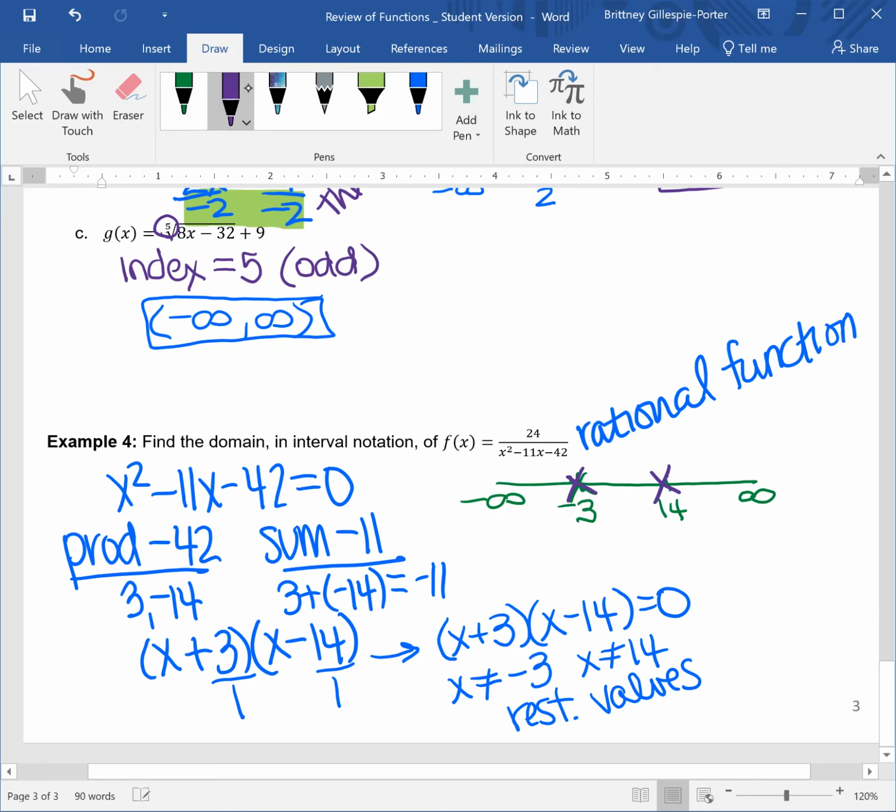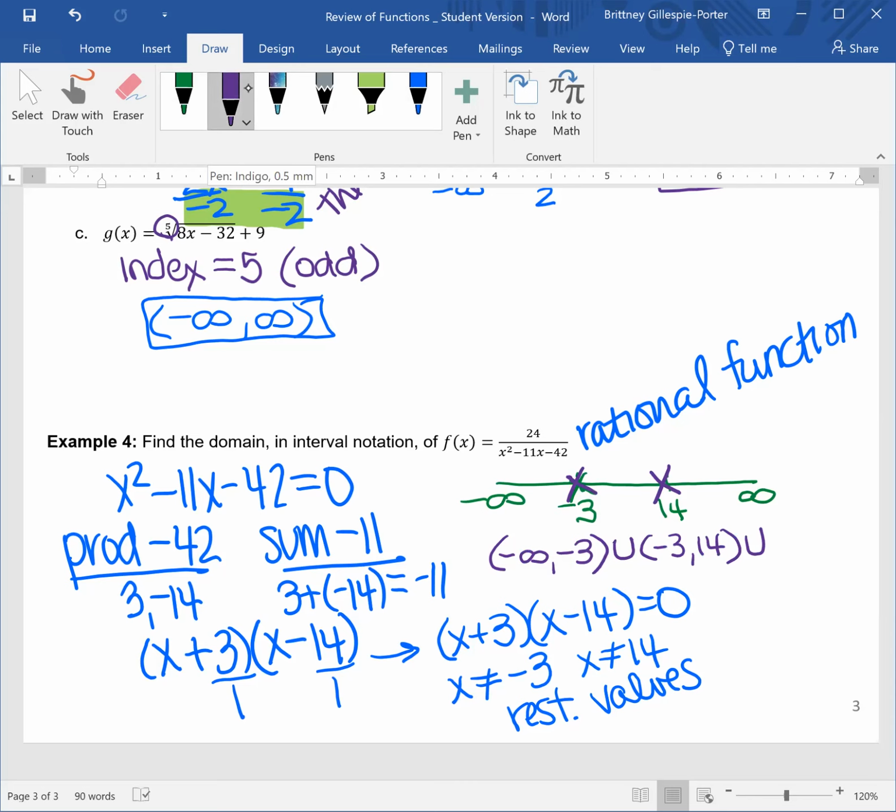So I'm going to go ahead and X those out. That means our domain is going to be negative infinity to negative 3, union, now I'm in the middle, negative 3 to 14, union, jump rope, over the 14, and then 14 to infinity.